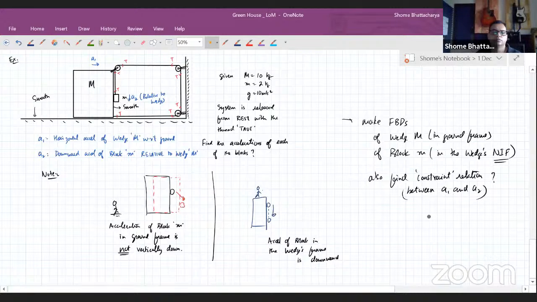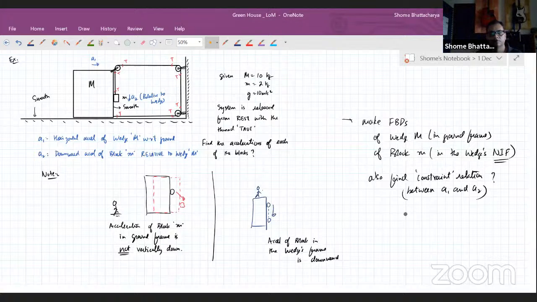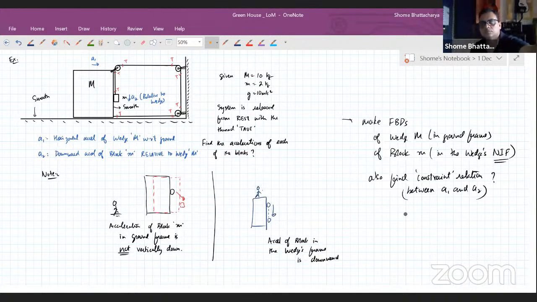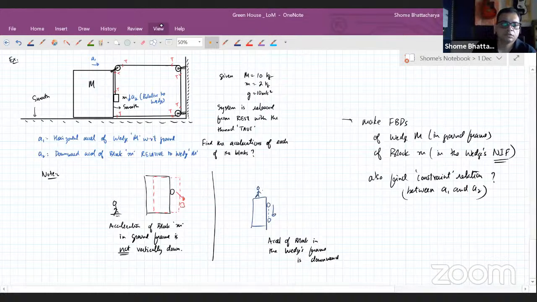You have to do that also, before you solve. So the constraint relation you can get from thread length conservation here, because there's a single thread, so thread length conservation is very easy. So you can just try this out based on this now.